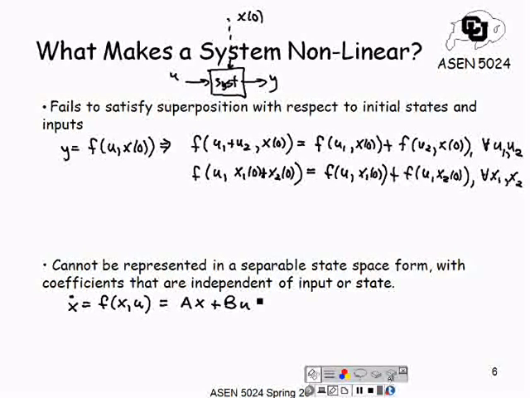And likewise, if my output y depends on the state through some function h, and may also depend on the input u directly, if I could write that as some constant matrix C times x plus some constant matrix D times u, where C and D don't depend on x or u, then again, that's a linear system.